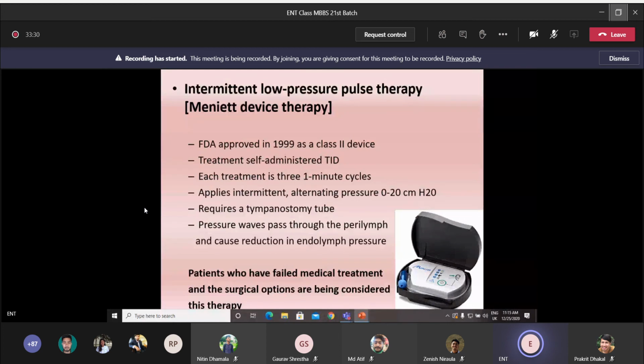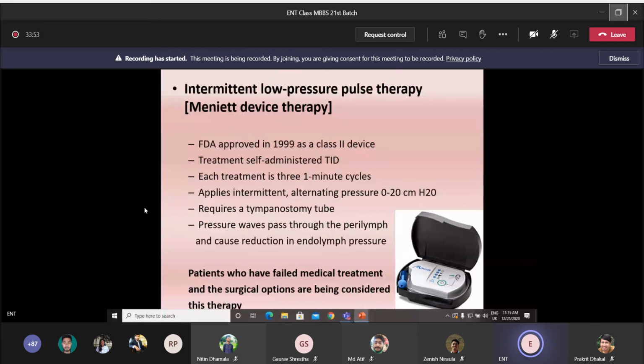But this treatment is only considered for those patients who have failed medical treatment, and the second option would be surgical. Before the surgical option is taken, you can try this Meniett device therapy, giving an intermittent low pressure pulse.